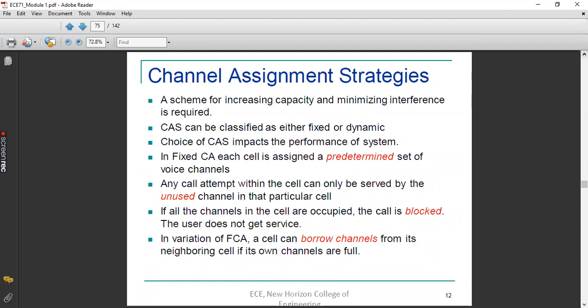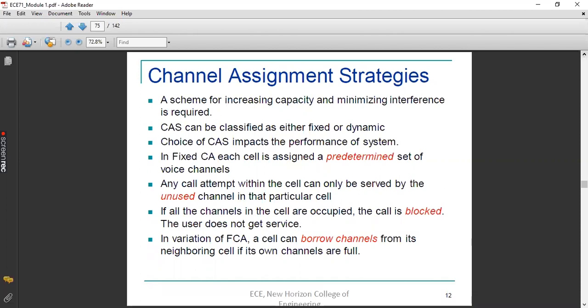It will not get service because I'm not able to take any more channels now. So I need to wait, and there is a delay in my communication until the resources are back to my end. The available resources of my cell have been used by some other users or some other cells. As a result, I am not able to initiate a call. Clear? So my call will be blocked.